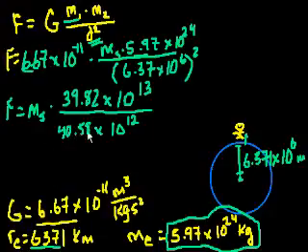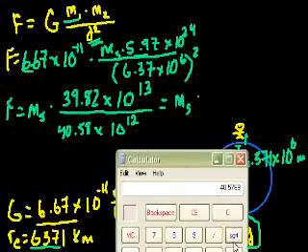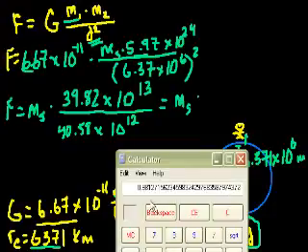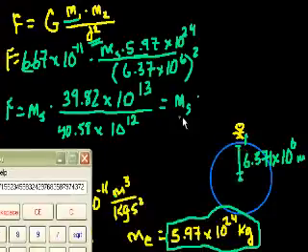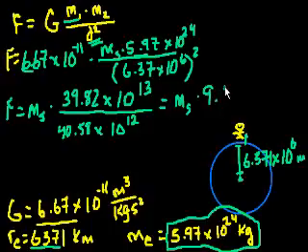And so simplifying it, the force is equal to the mass of Sal times, let's divide 39.82 by 40.58, which is equal to 9.81.